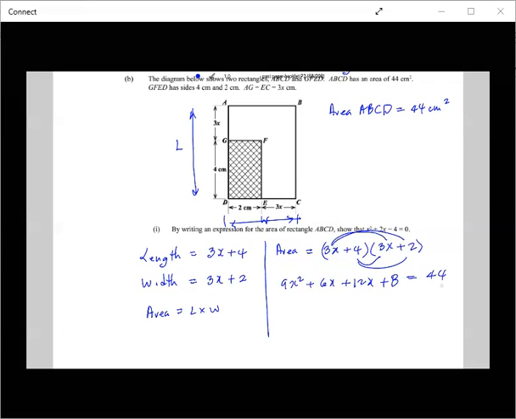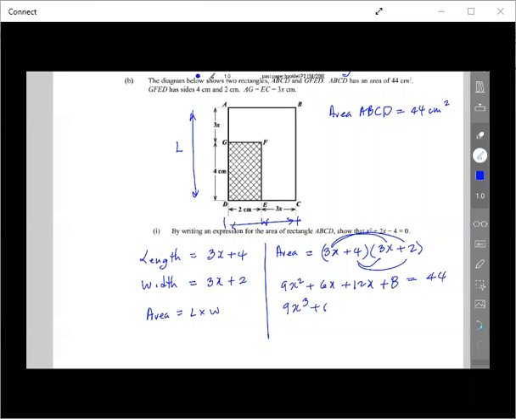Positive 44 comes over and becomes negative. So I have 9x squared plus 18x, and then I have 8 minus 44. 8 minus 44 is minus 36, and this is equal to 0. Then I divide the entire thing by 9.